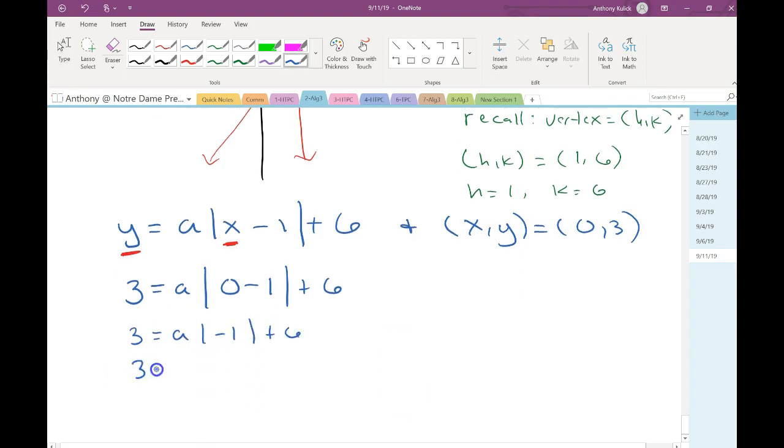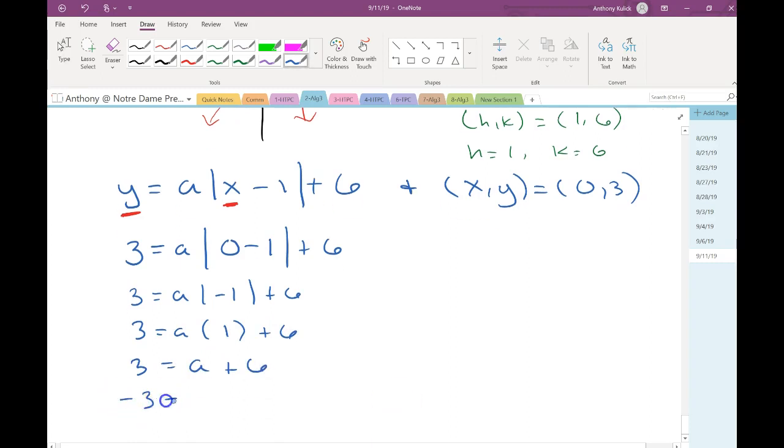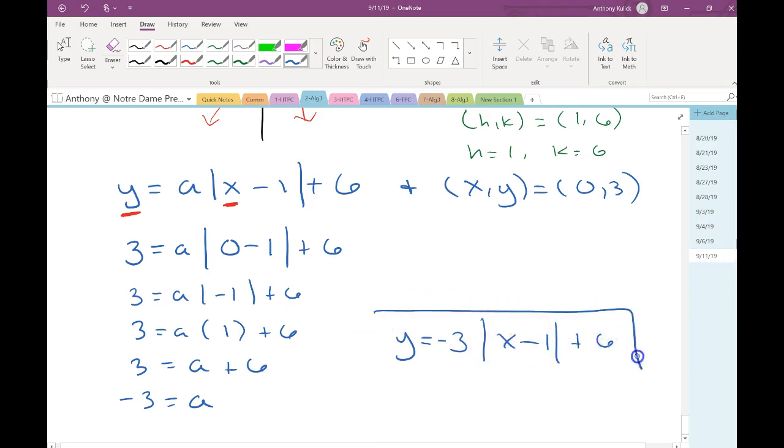Absolute value of negative 1 is positive 1. And A times positive 1 is A. And if I subtract 6 from both sides, I get that A is negative 3. So I have y = -3|x - 1| + 6. That's my final answer. Stretch.